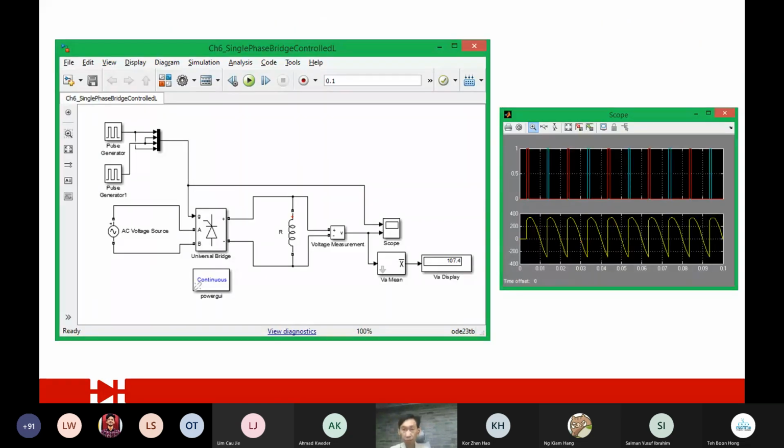Okay, let me see. Three-phase control. This is not three-phase, this is single phase. That one has to be single phase inductive.